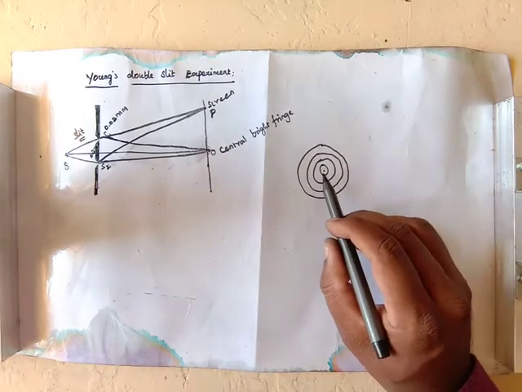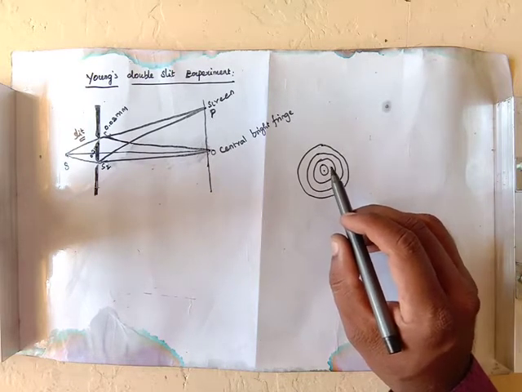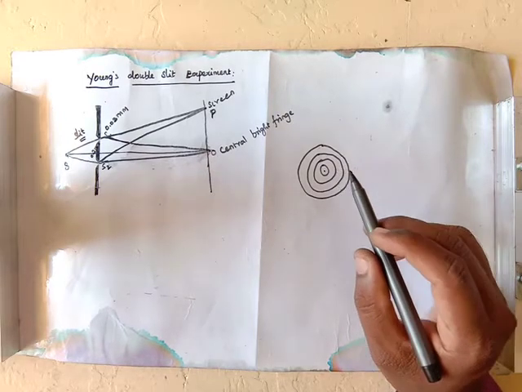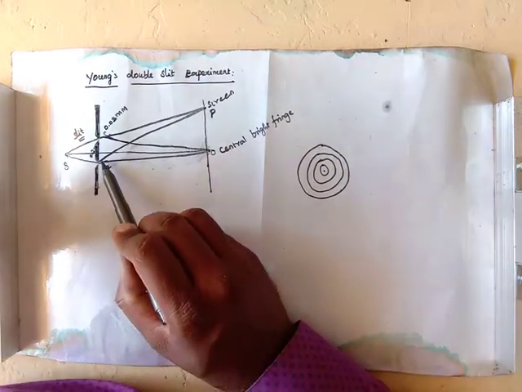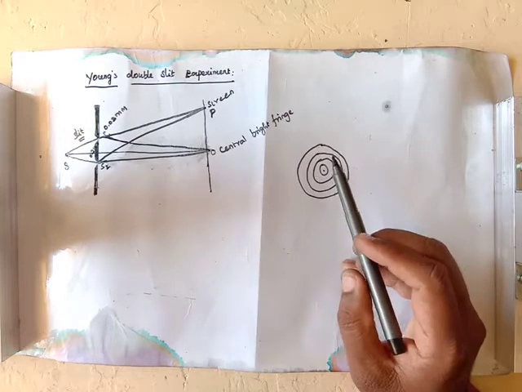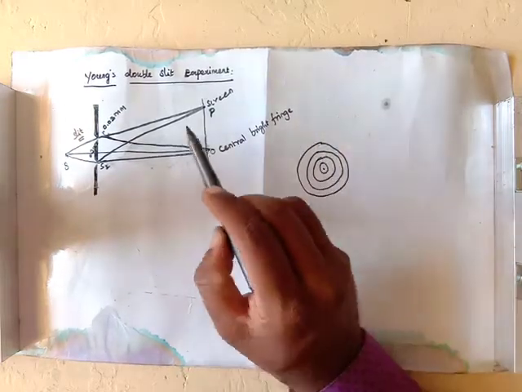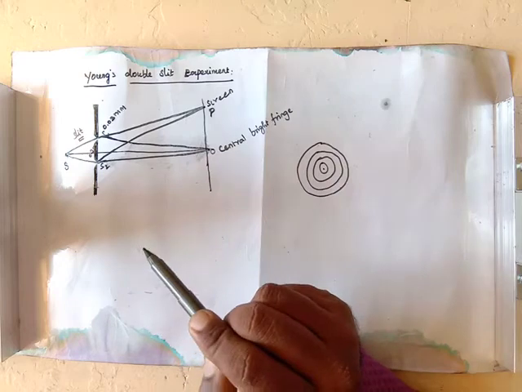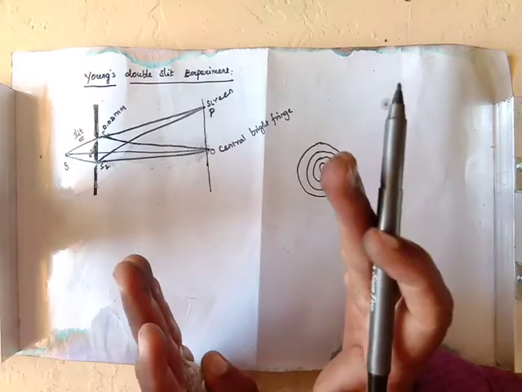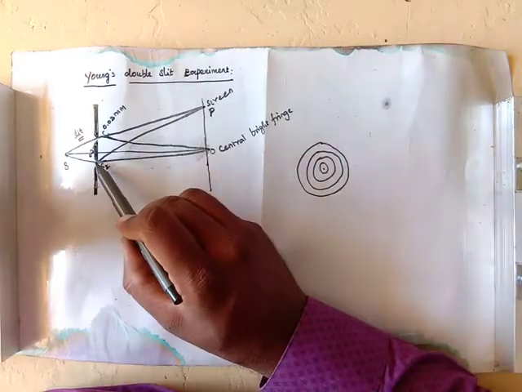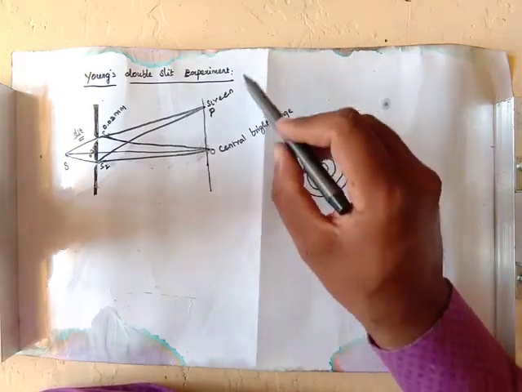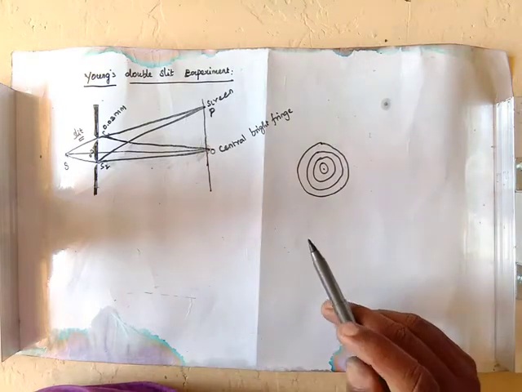When one of the slits is covered, these fringes disappear and there is a uniform illumination on the screen. This clearly shows that the bands are due to interference.